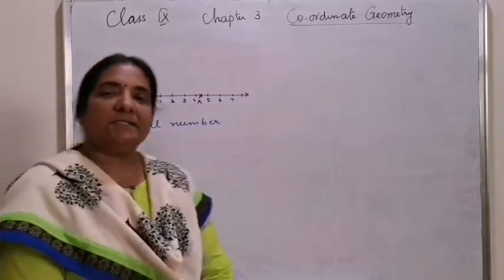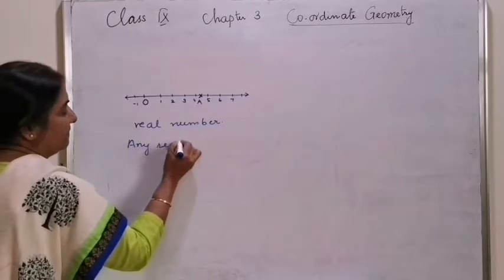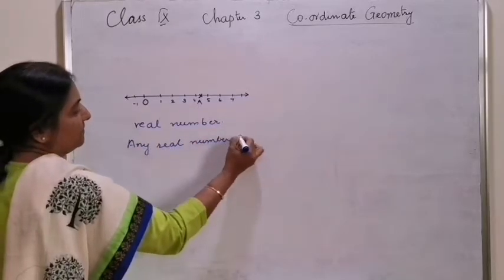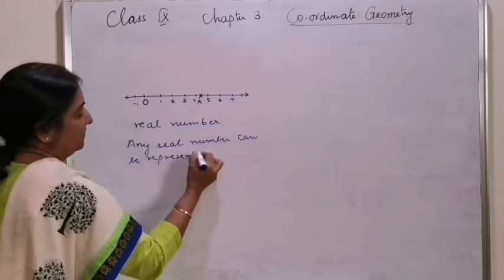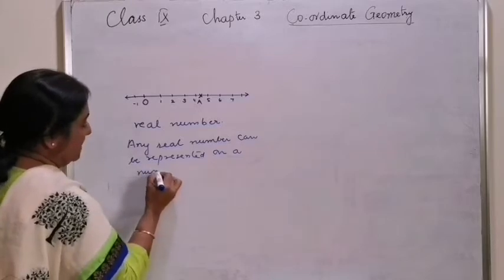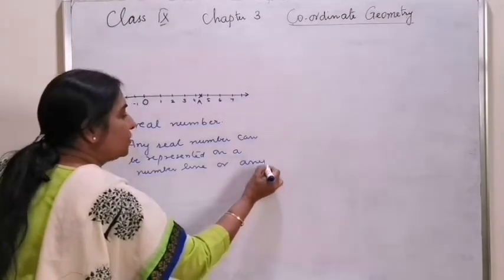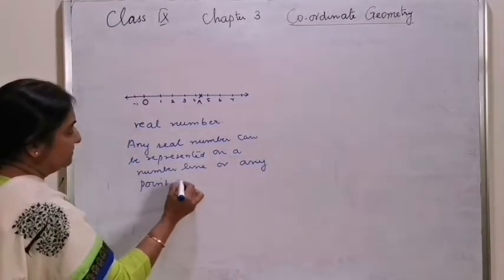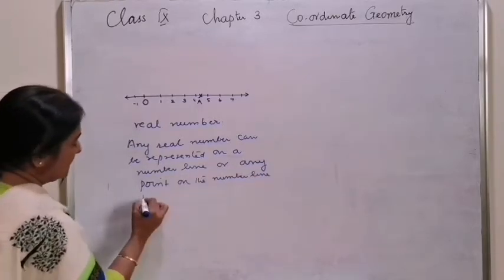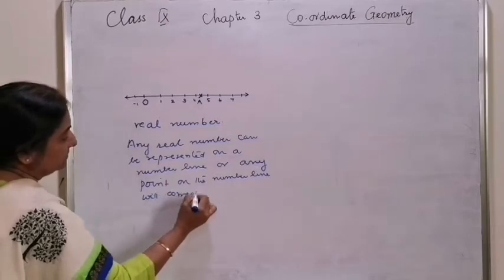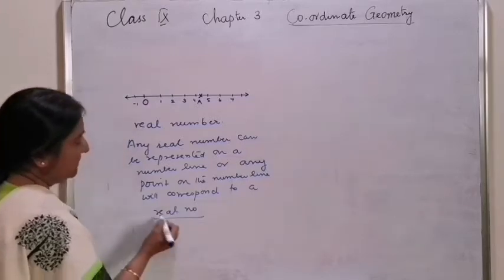And the concept was: any real number can be represented on a number line, or any point on the number line will correspond to a real number.